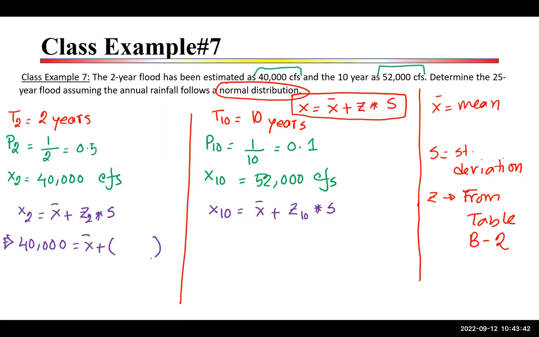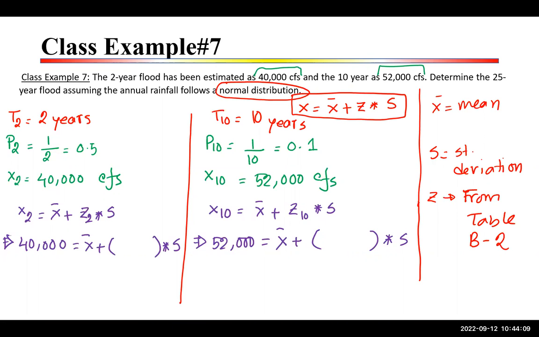I don't know the Z. I don't know the S. The same thing here: I know it's 52,000. I don't know the X bar, the Z, or the S. So basically we have three unknowns, but one good thing is for Z, we can use one table.